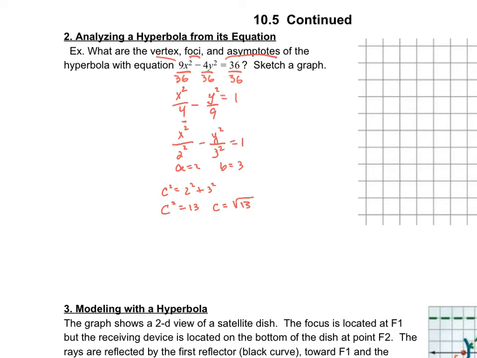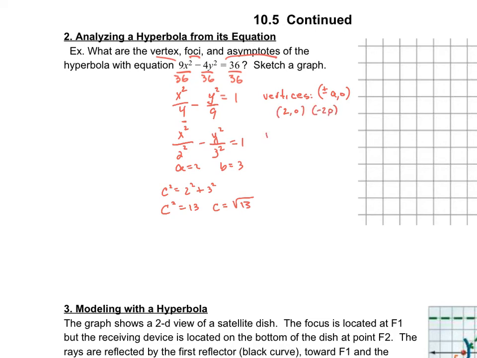So I have established what my a, b, and c values are, so I can go ahead and work them into my formulas. My vertices are going to be plus or minus a, so I know that a is 2, so I'm going to have (2, 0) and (negative 2, 0).